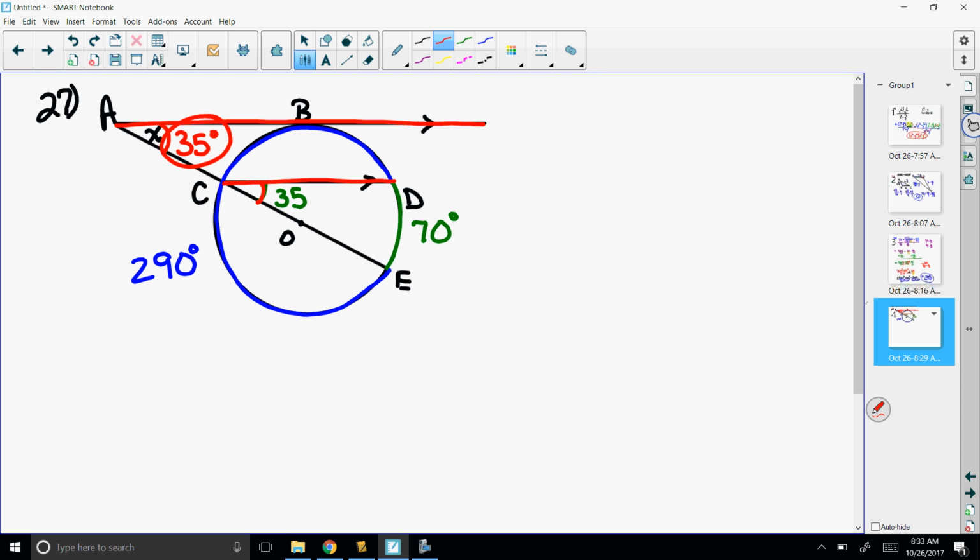What's the answer for 28? Do you have it in decimal or radical format? Decimal is 20.784.